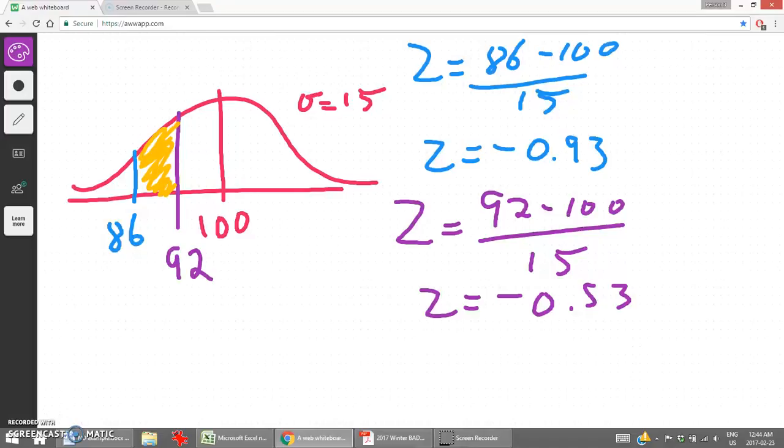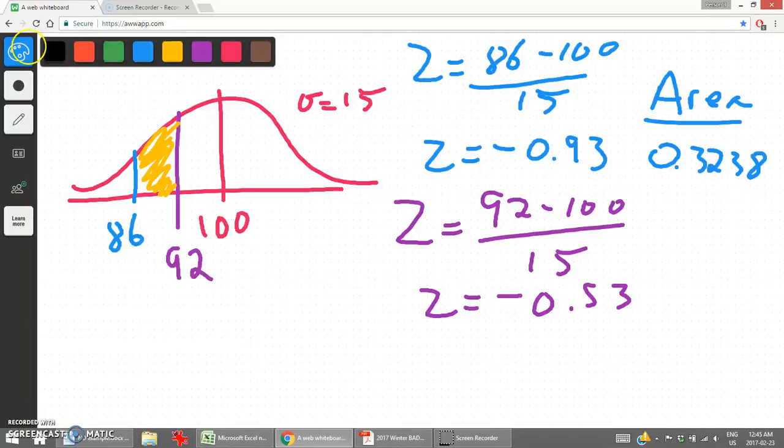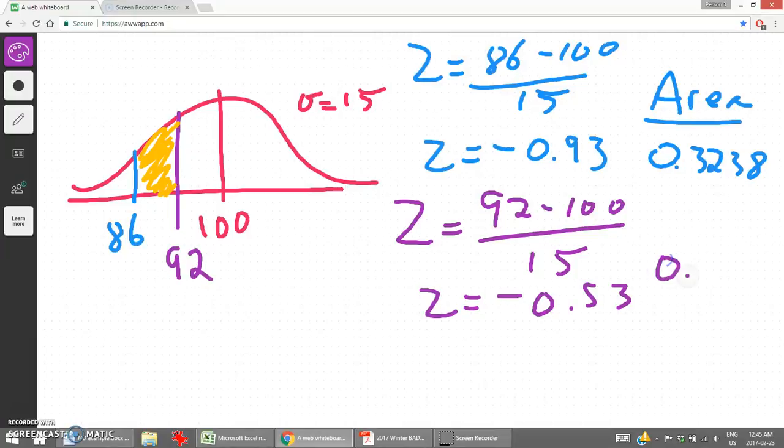The area that corresponds to a z value of 0.93 equals 0.3238. So I'm going to write that area here, 0.3238. And the area that corresponds to a z value of 0.53, put that in purple here, is an area of 0.2019.